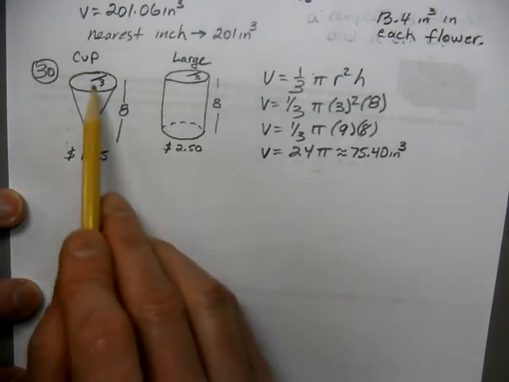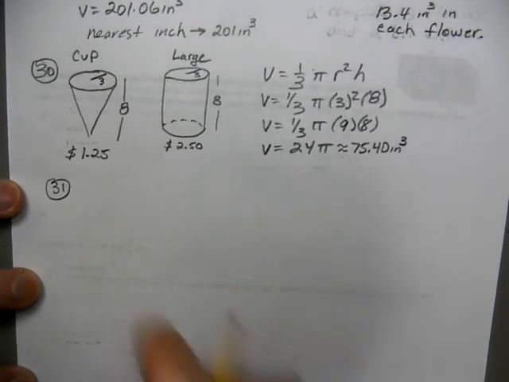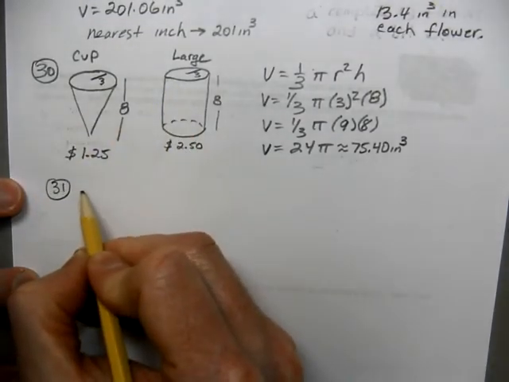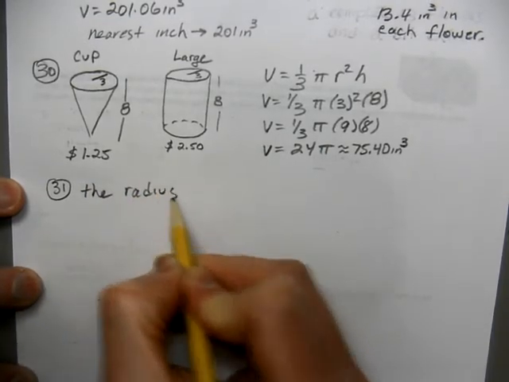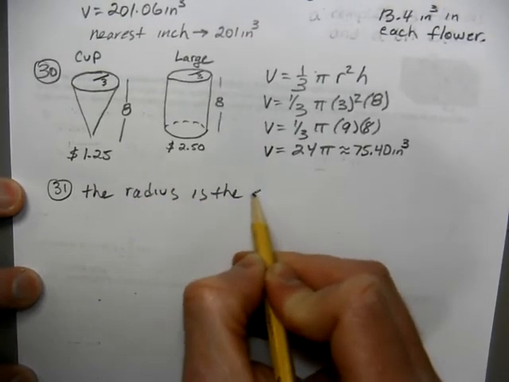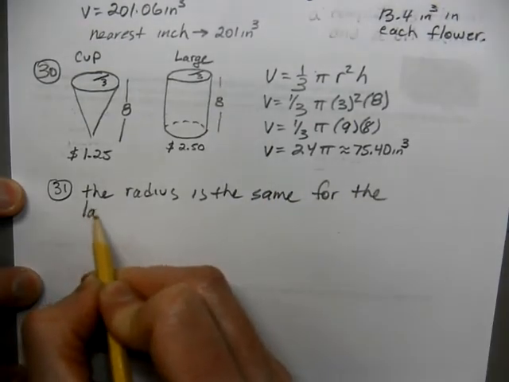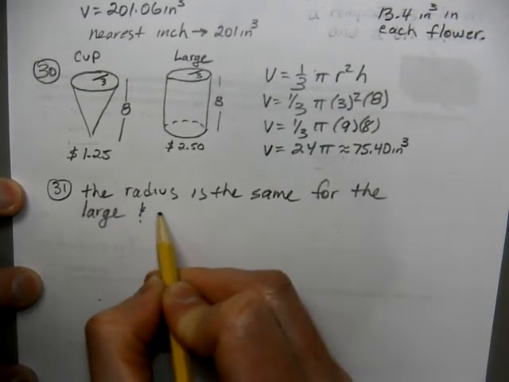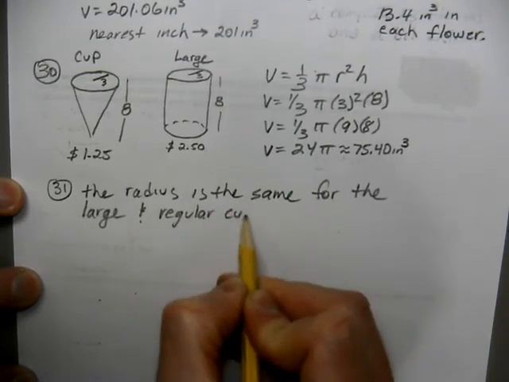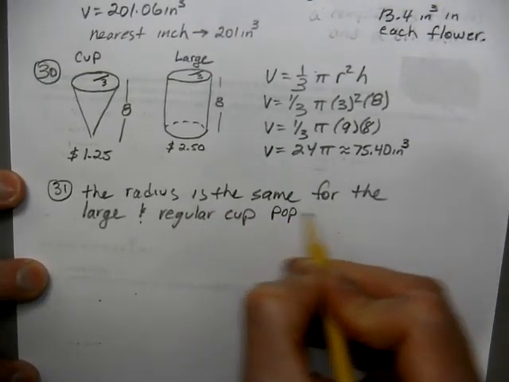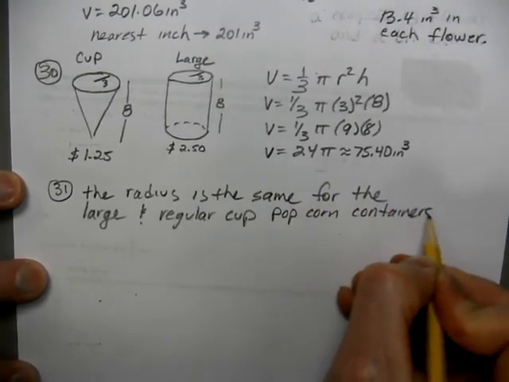Well, when we look at this cup, for number 31, we're supposed to recognize that the radius is the same for the large and regular cup popcorn containers.